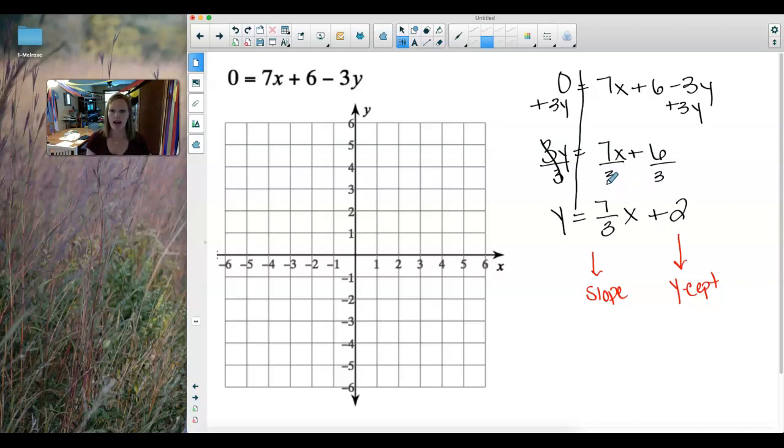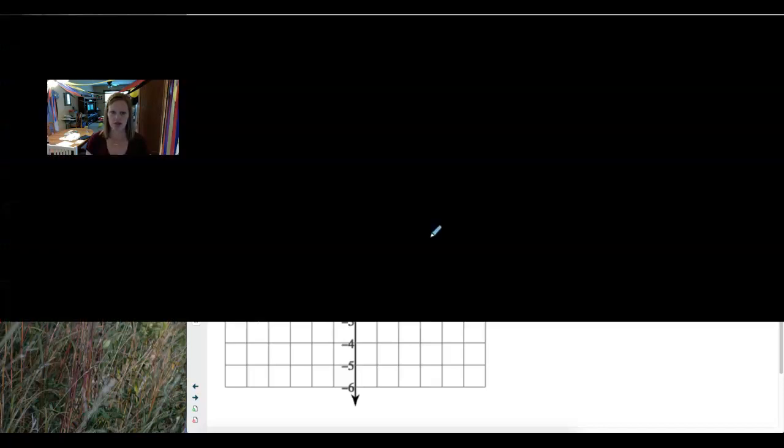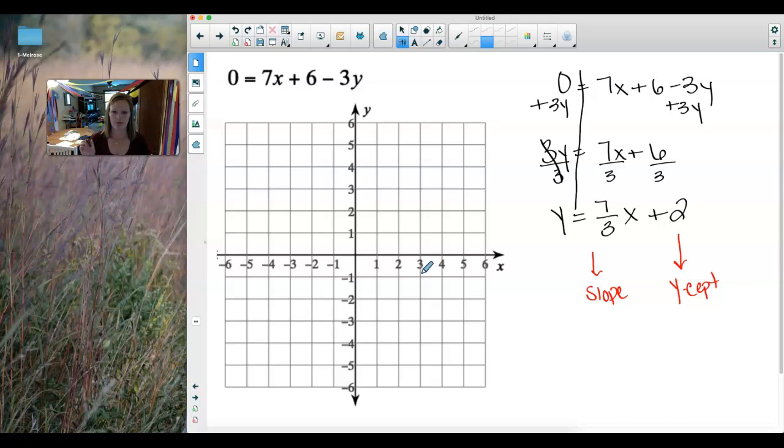So we're going to go to the y-axis, and on the y-axis, we're going to go to positive 2, which is right here. Then we are going to use this slope.